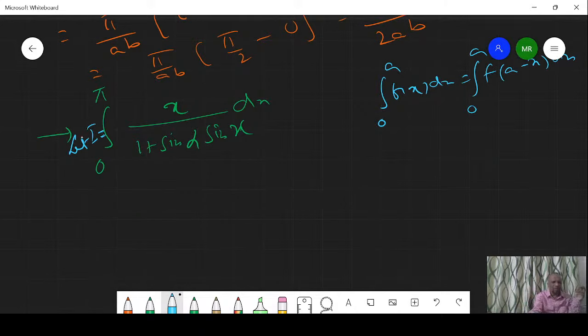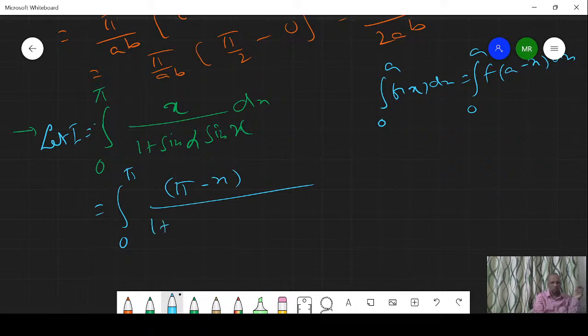Correct? Because I can write this one, this is an integral. So I can consider here let I be equal to integral 0 to pi, replacing x with pi minus x, by 1 plus sine alpha sine of pi minus x dx.